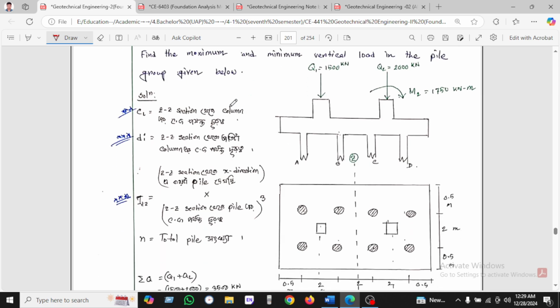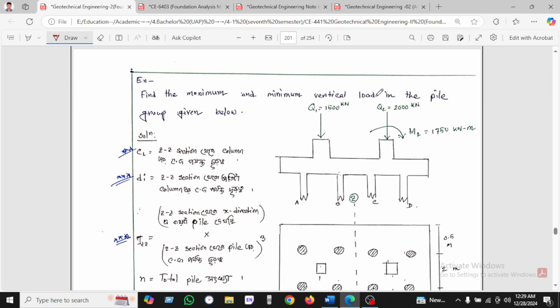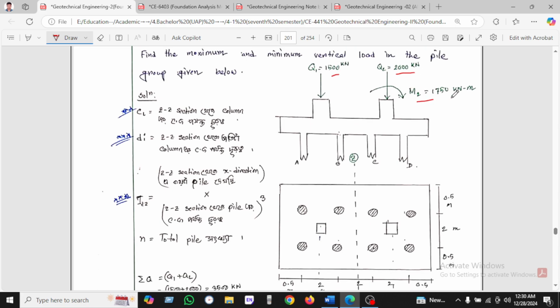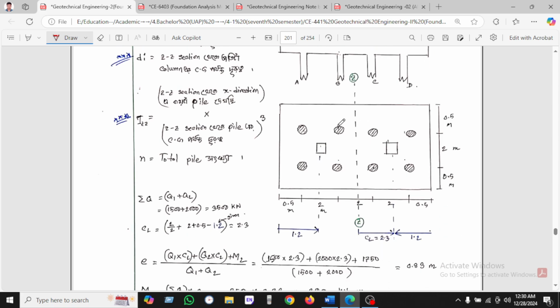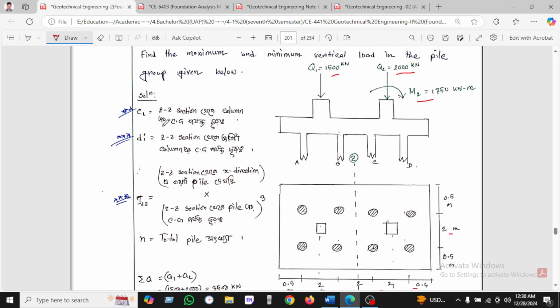Okay, so find the maximum and minimum vertical load on the pile in group pile given below. So you can see Q1 equal to 15, and Q2 equal to 200, and AM2 equal to 1750, and the pile arrangement is given here 2 and yield is 0.5, and we can see here the CL ZZ section and CD ZZ section to each pile CG.